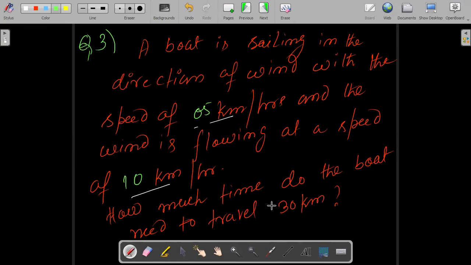There is no opposite direction. This is the same question as question 1, only the speeds are interchanged. Question number 2 is for opposite direction. And question number 1 is also for opposite direction, but the speeds remain the same.